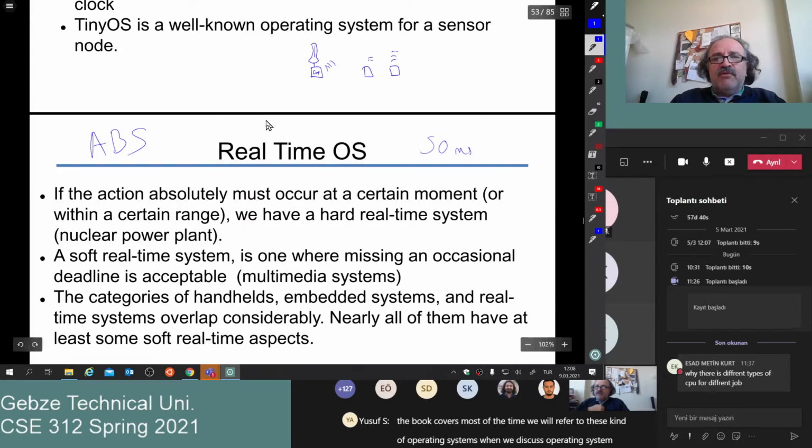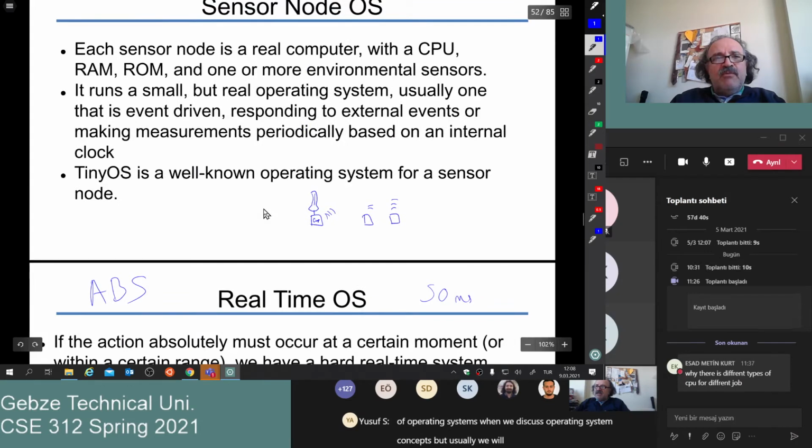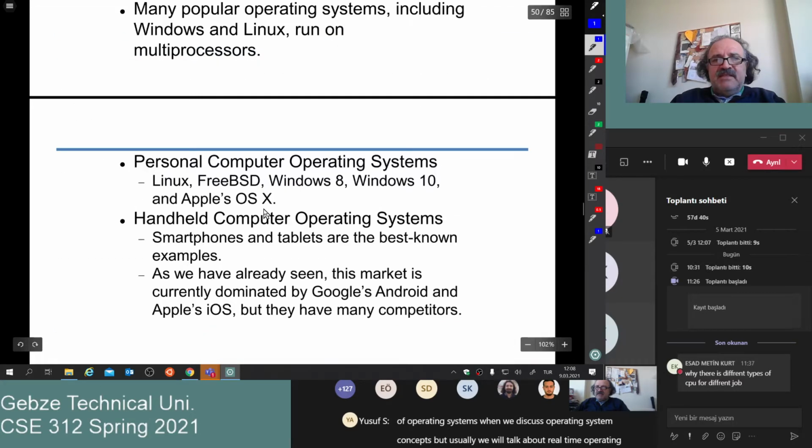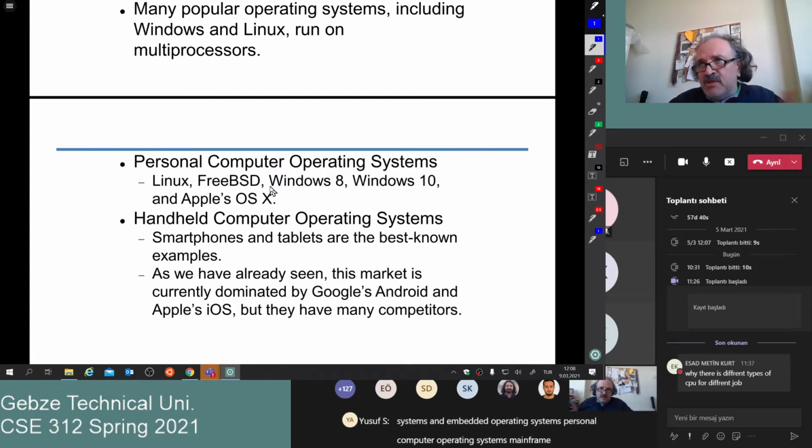But usually we will talk about real-time operating systems and embedded operating systems, personal computer operating systems, mainframe operating systems, because those are the very ends of a wide spectrum of the operating system zoo. If you compare a mainframe operating system with a smart card operating system, you're going to see that they are very, very different.